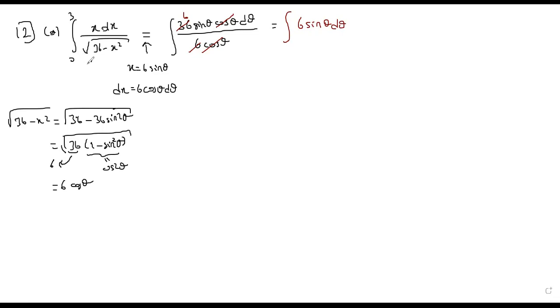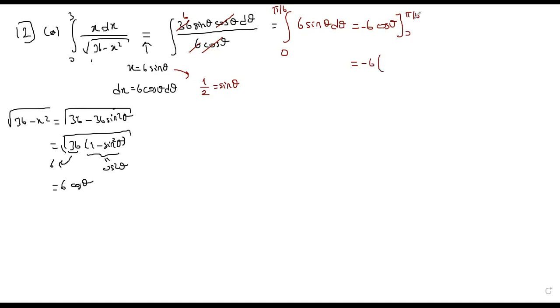Now, what about the boundaries? When x is equal to 0, sine theta should be equal to 0, right? When x equals 3, then we have 1 over 2 equal to sine theta, and then theta is equal to pi over 6. So the integral of that is equal to minus cosine theta from 0 to pi over 6.